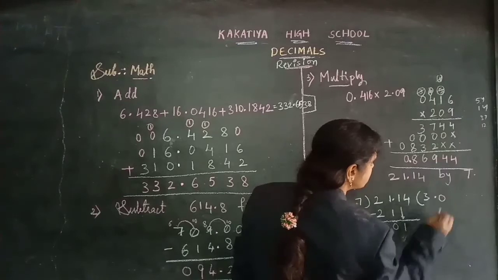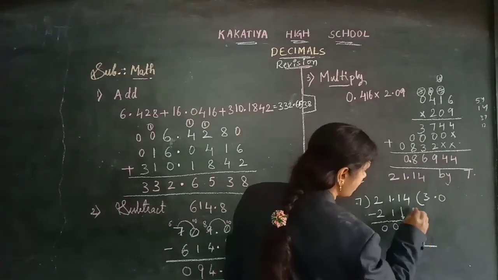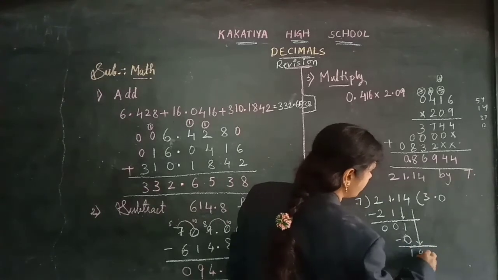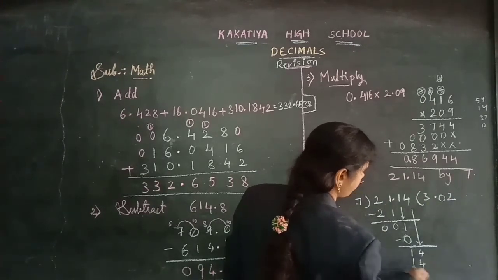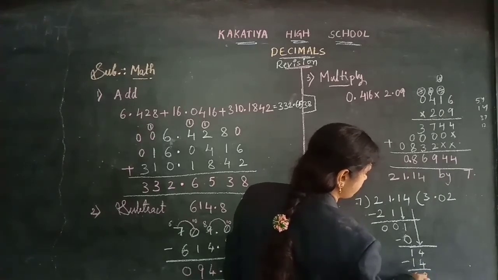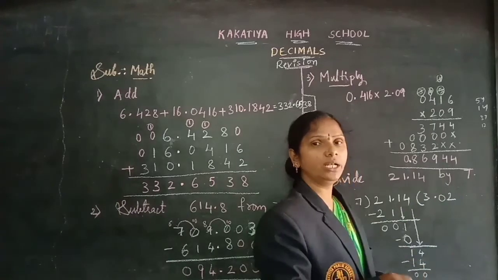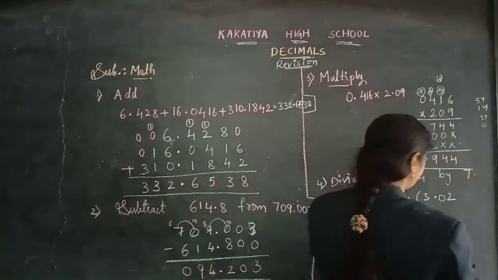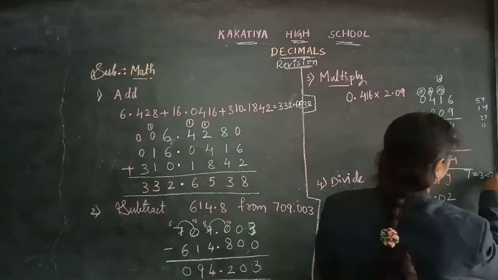So 7 zeros are 0 we need to take. So 1 and bringing down the 4 here. Now 14 it became. So 7 twos are 14. So 0. So we got the answer as 3.02 here. So the answer will be 3.02.